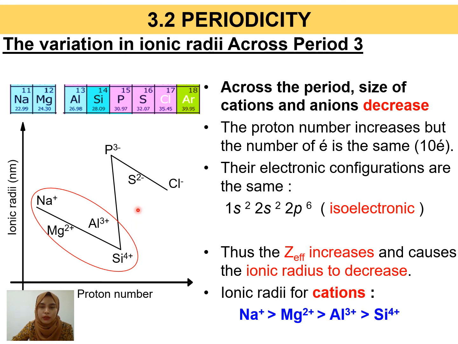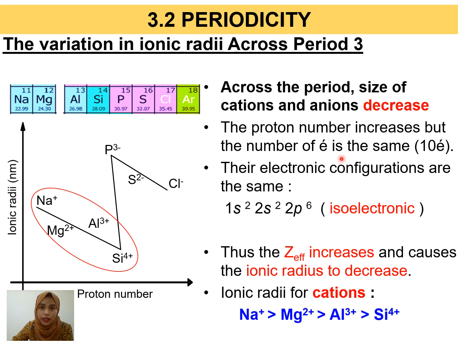Okay, as per the usual scheme, you have to explain first that across the period, whether cation or anion, the size of the ions will decrease. The proton number does increase, but the number of electrons is still the same.